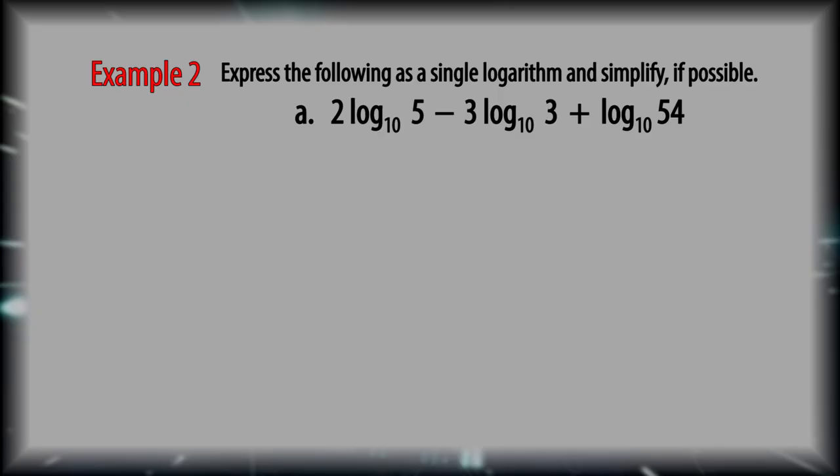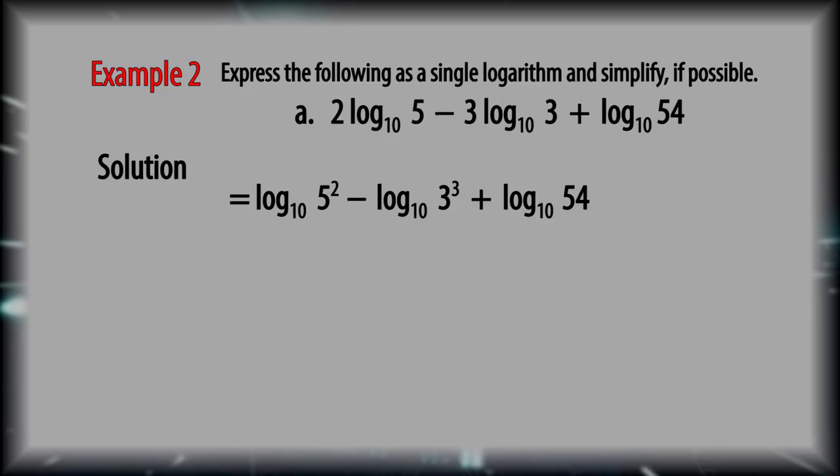Good. Now we want to express the following as a single log, and then we simplify where it's possible. A says 2 log base 10 of 5 minus 3 log base 10 of 3 plus log base 10 of 54. So what do we do? We are going to first change our multiplications or products to become exponents or powers.